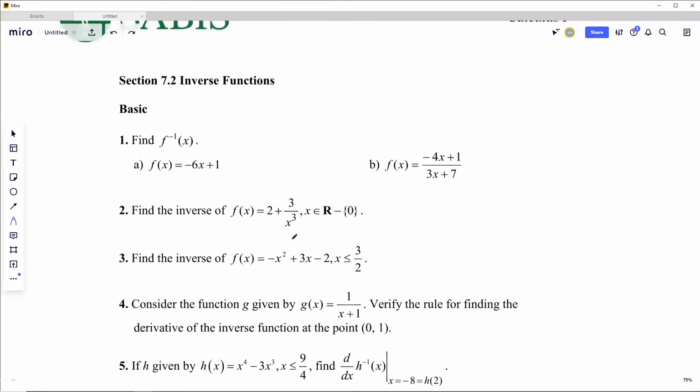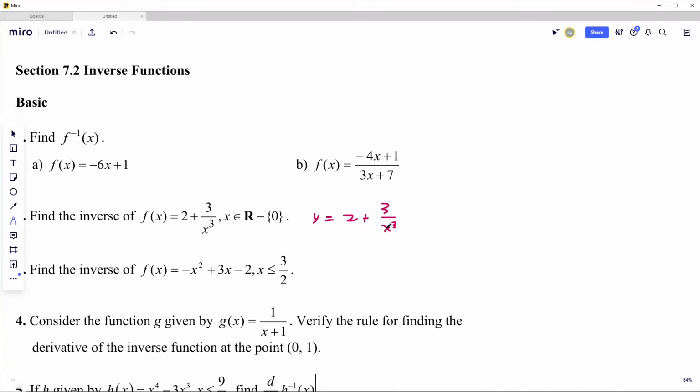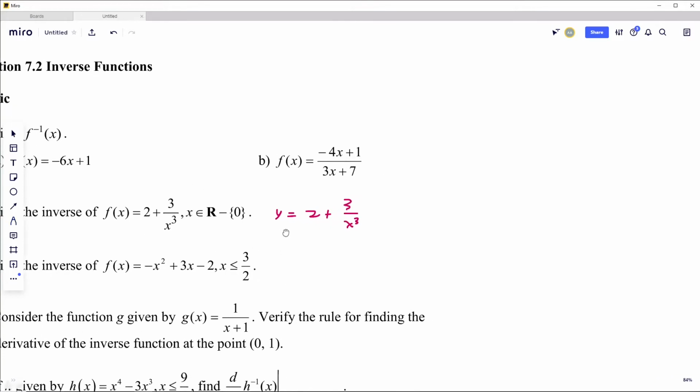Okay, so let's find the inverse of this. So y equals 2 plus 3 over x cubed. Usually every single inverse they give you is super easy, so don't be intimidated by anything you find. There's always something for it. Let's solve for x.